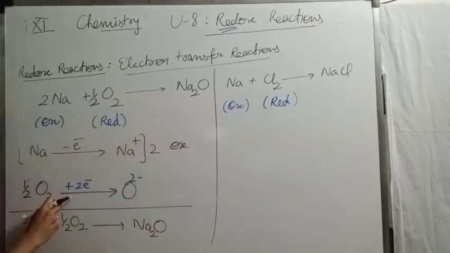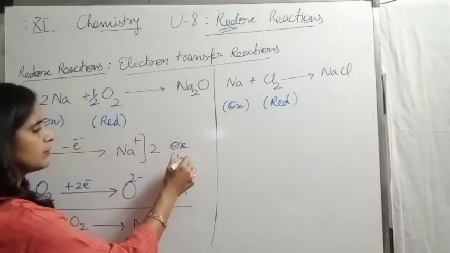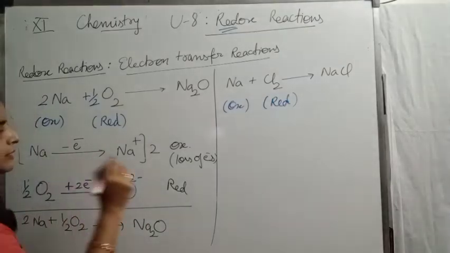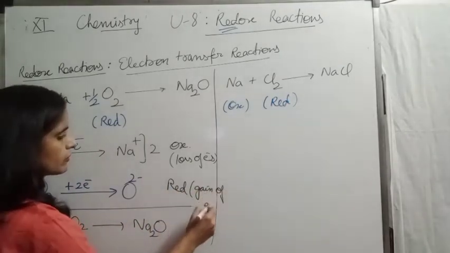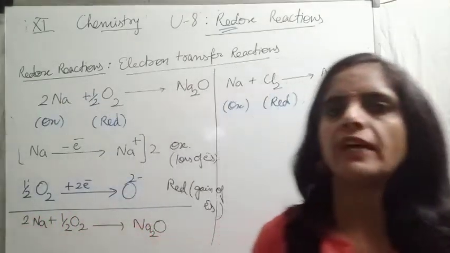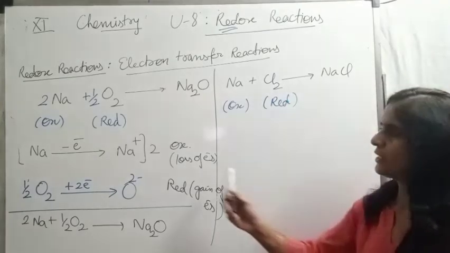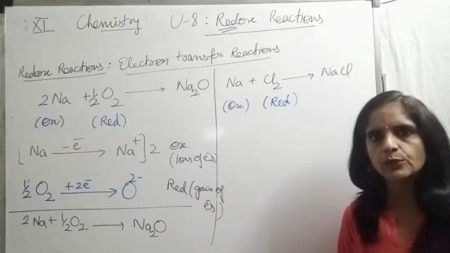Gain of electron is termed as reduction. So oxidation means loss of electrons. Reduction means gain of electrons. This is the second way to define oxidation and reduction. Oxidation, loss of electrons. Reduction, gain of electrons.